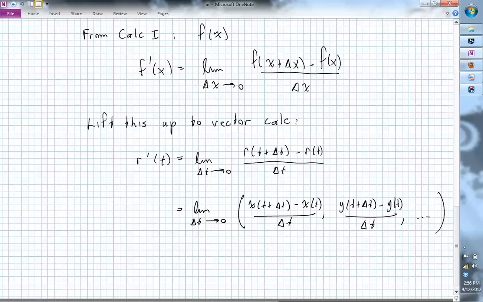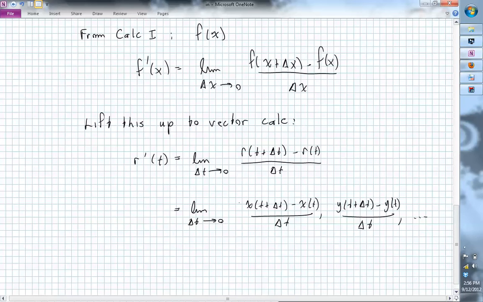secretly what's going on is that. And I'm using round braces, and I should be using angle braces. And the dot, dot, dot is for the z coordinate, which won't fit. Does everybody follow? Each one of these is a Calc 1 problem, right? Because x of t is really just a scalar function.